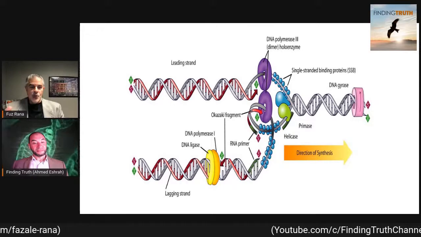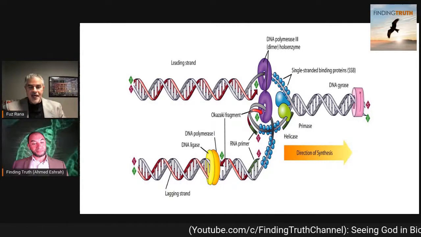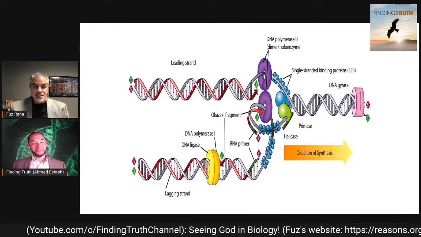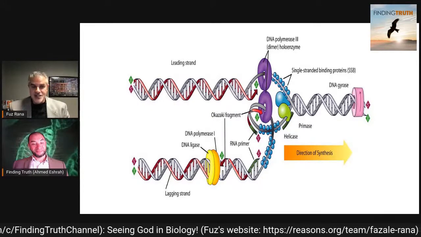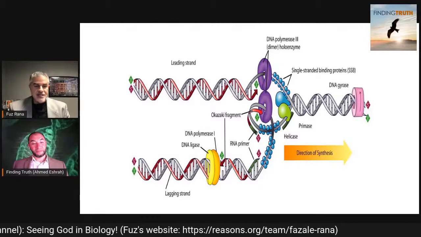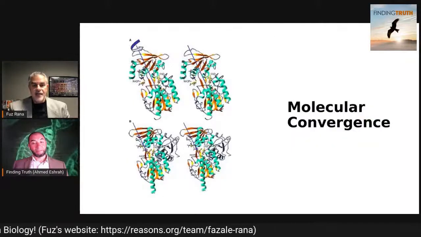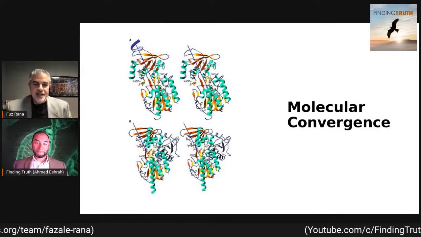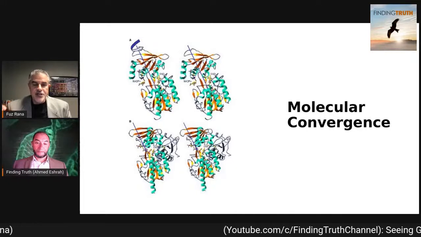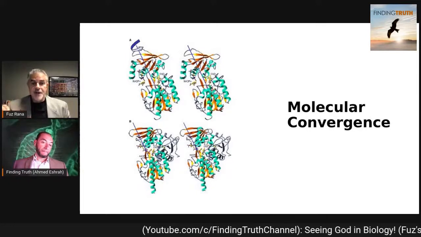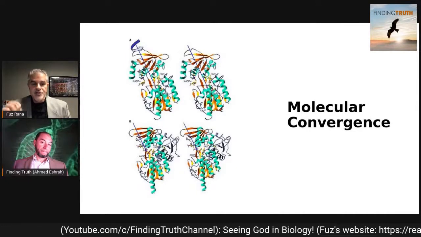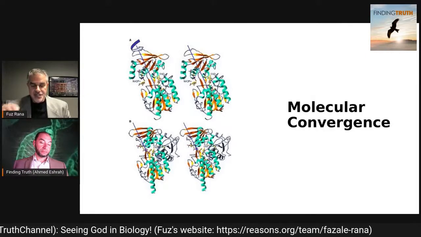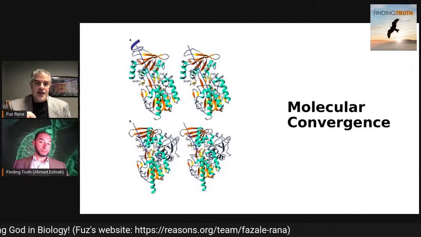Now, one of the things I think people, having seen the video and having heard our description, recognize is that this is an unbelievably complex process. Absolutely. And one of the things I learned a number of years ago that keeps me awake at night is that it looks as if this process of DNA replication, from an evolutionary perspective, would have had to evolve 2 times independently to produce an identical system in bacteria and archaea.